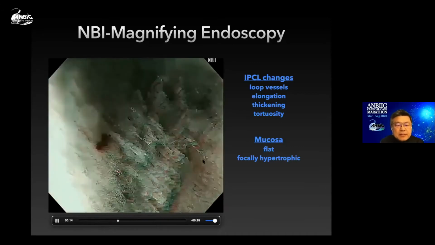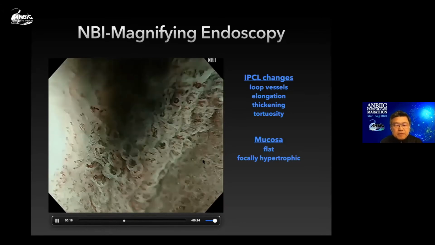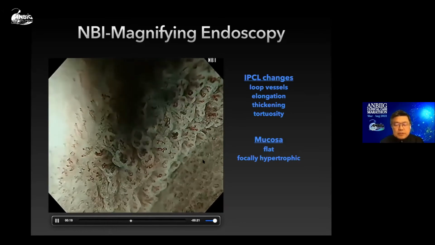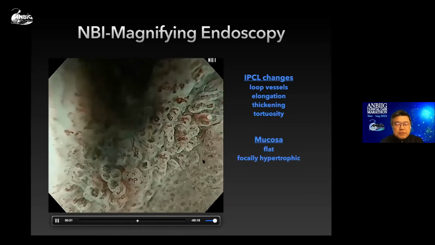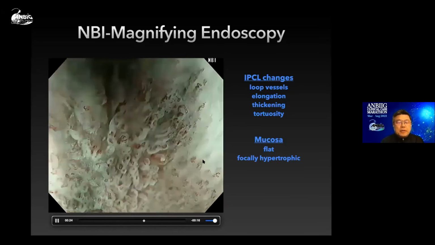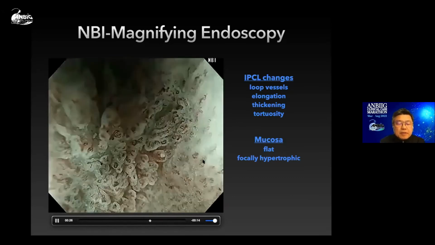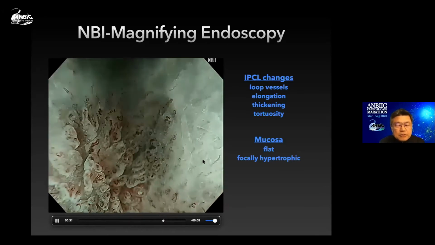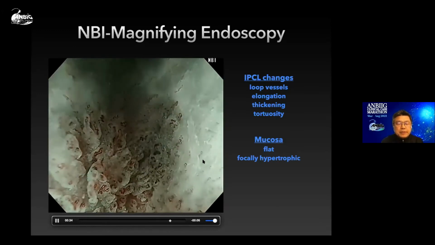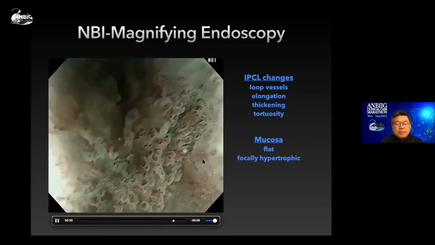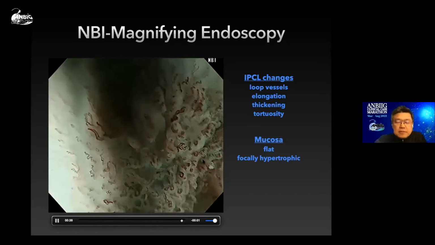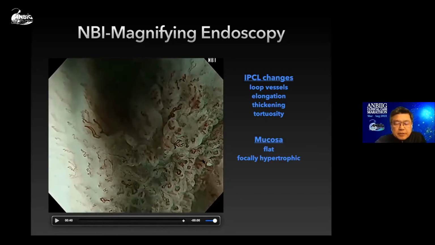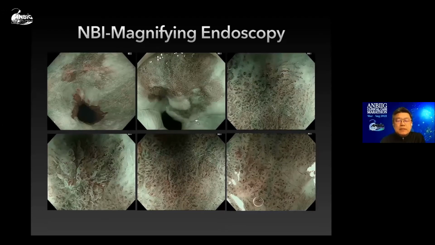But here, in this proximal area and the distal focus, you can find a mucosal focal hypertrophy area, but this hypertrophic area includes loop IPCLs. So even in this hypertrophic area, the IPCL changes are loops. So these are the spot images.